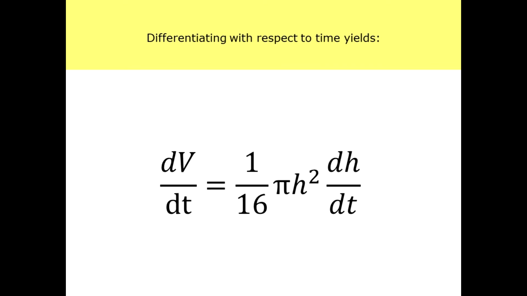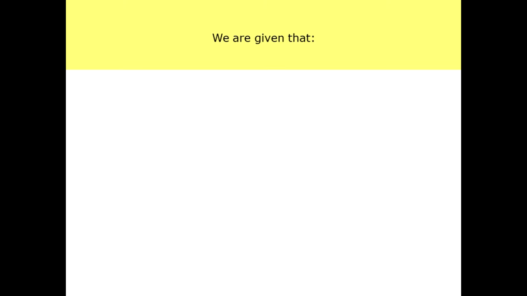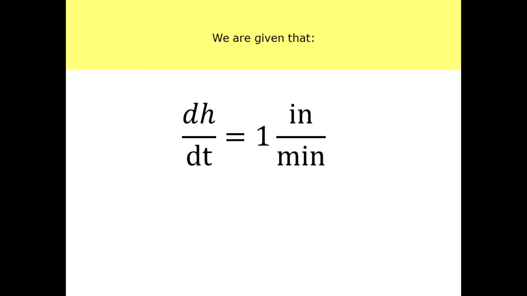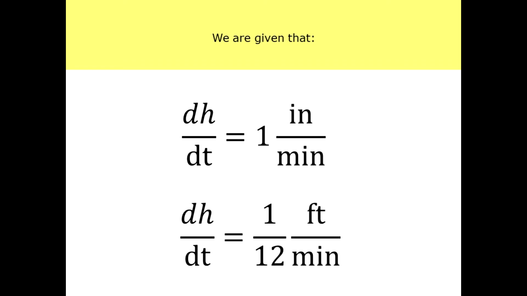Differentiating with respect to time yields dV over dt is equal to 1/16 pi h squared dh over dt. We are already given the rising rate of 1 inch per minute, which is equal to 1 over 12 feet per minute. This is done through converting our inches to feet.